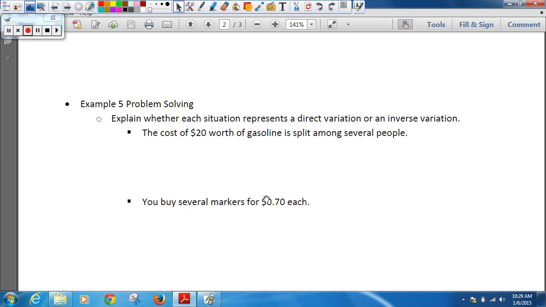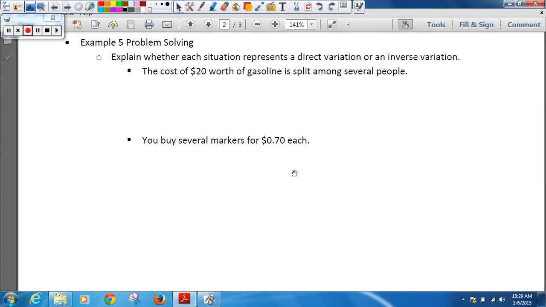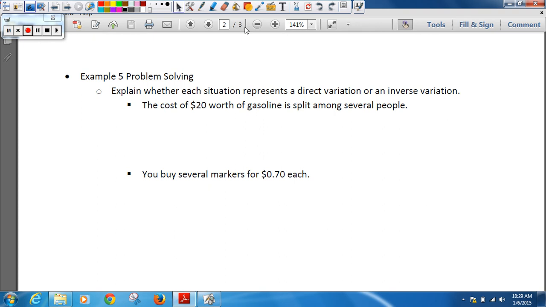Our last example here is example 5. It says explain whether each situation represents a direct variation or an inverse variation. And we need to talk about this in a real life scenario. For a direct variation in a real life scenario, if the input goes up, so does the output.